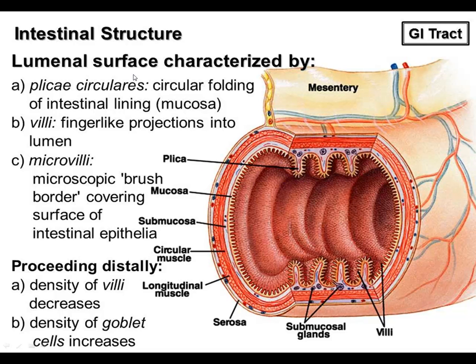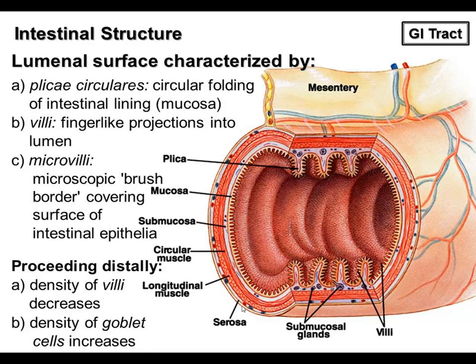So we have plica circularis that slows down the movement, and then we have the villi, and then we have the microvilli that are brush-like formation on the columnar epithelium itself, and all of that is intended to increase the absorption and increase the interaction between your intestinal wall and your chyme.